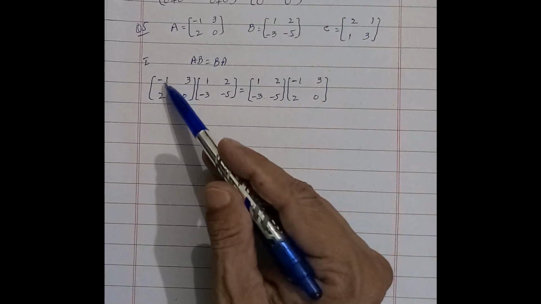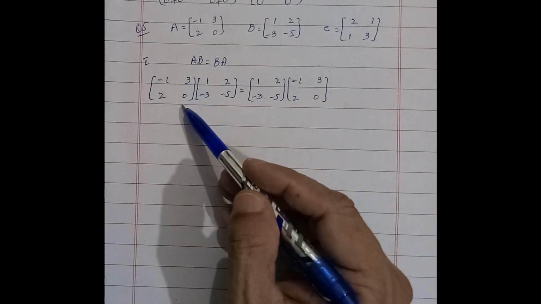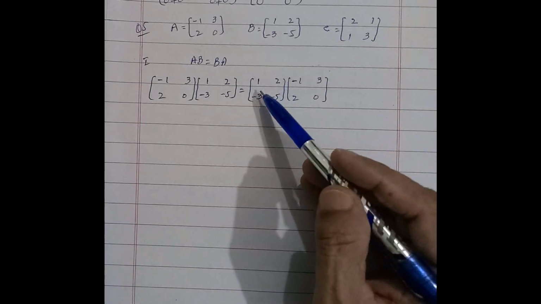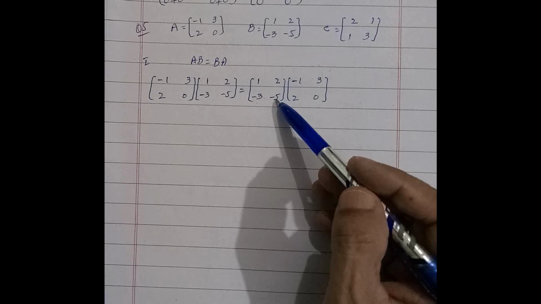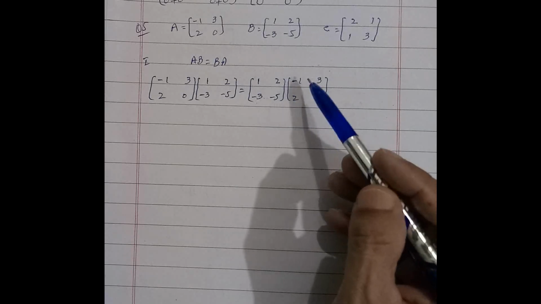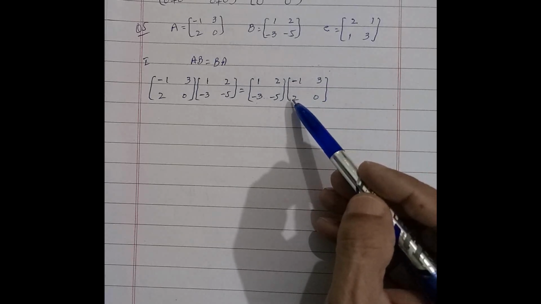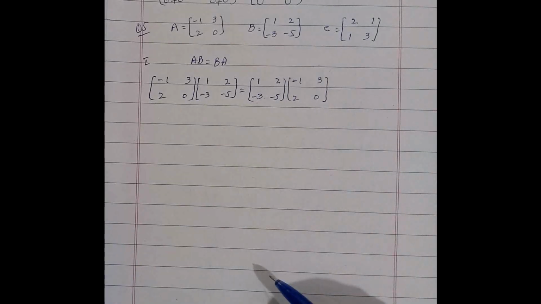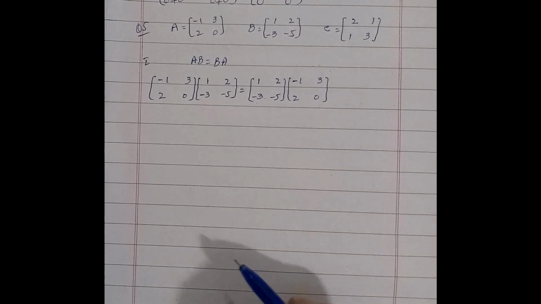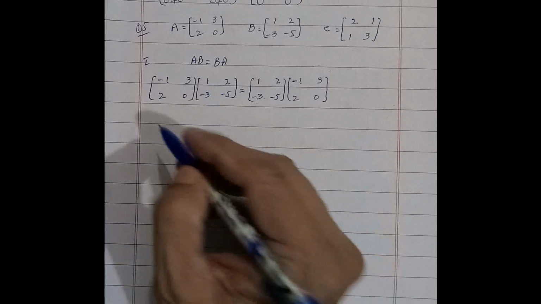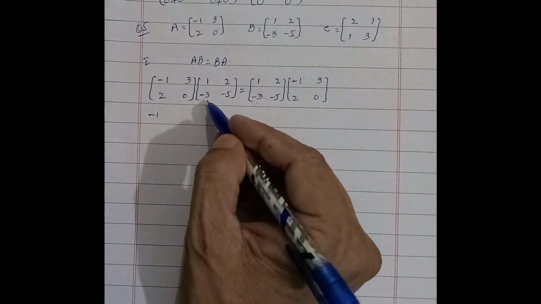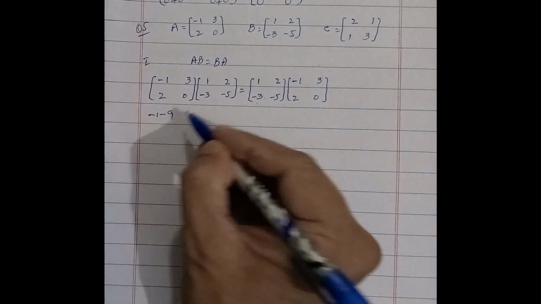First we verify the number of columns of the first matrix is 2 and the number of rows of the second matrix is 2. On the right side, the number of columns of the first matrix is 2 and the number of rows of the second matrix is 2. So they both are conformable for multiplication. Now we multiply these values. -1 multiplied by 1 is equal to -1. 3 multiplied by -3 is equal to -9.